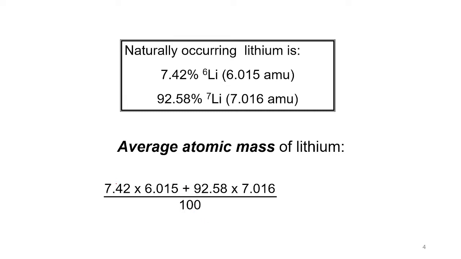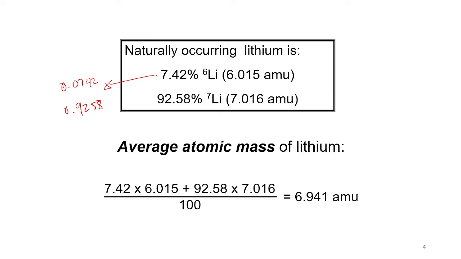But you can convert 7.42% to 0.0742, and 92.58% to 0.9258, so you would not need to divide by 100. Therefore, we have an average atomic mass of 6.941.